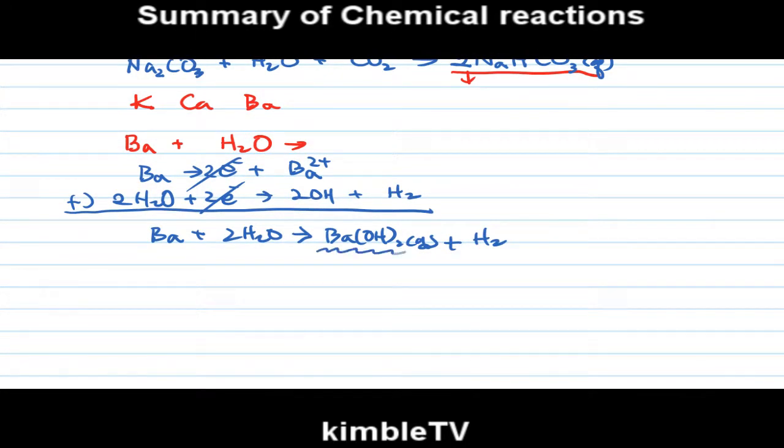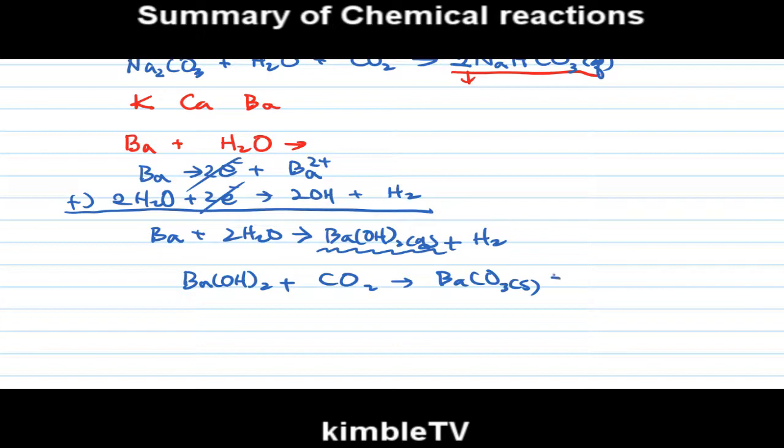And this is also a deliquescent compound. Barium hydroxide absorbs water and carbon dioxide. Okay, and BaCO3 is solid. I will let you know later which compounds are solid or aqueous.